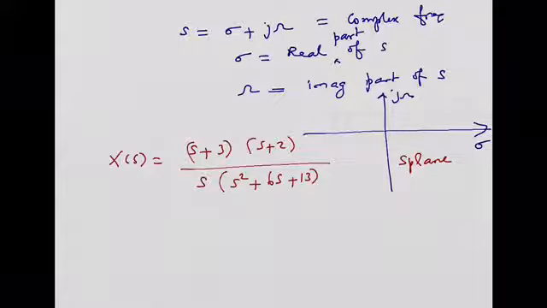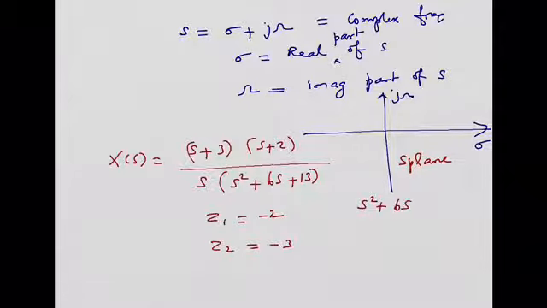So let me find out the roots of the denominator polynomial and the roots of the numerator polynomial. The roots of the numerator polynomial are evident: Z1 is equal to minus 2 and Z2 is equal to minus 3, from (s plus 3) into (s plus 2). Similarly, for the roots of the denominator polynomial, we can see it is in a quadratic format.